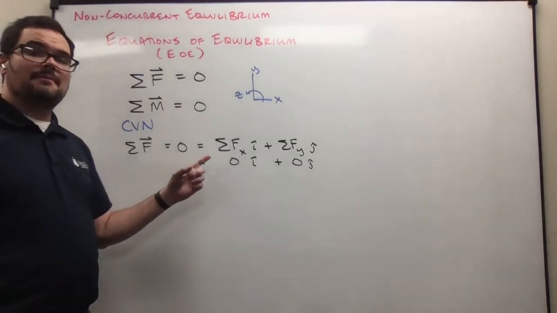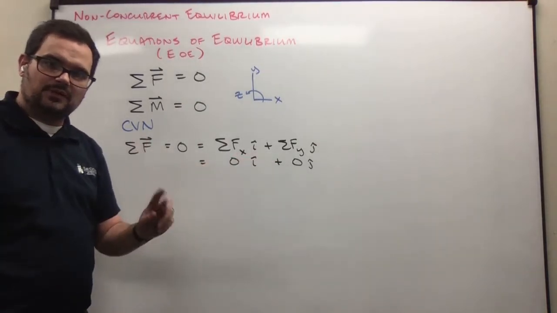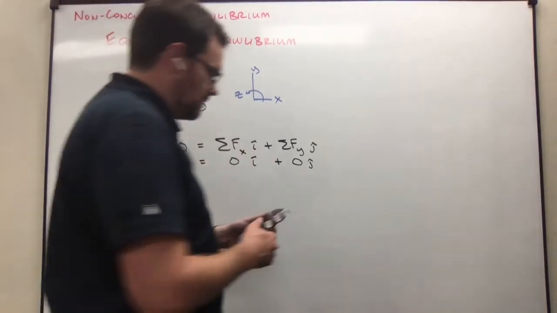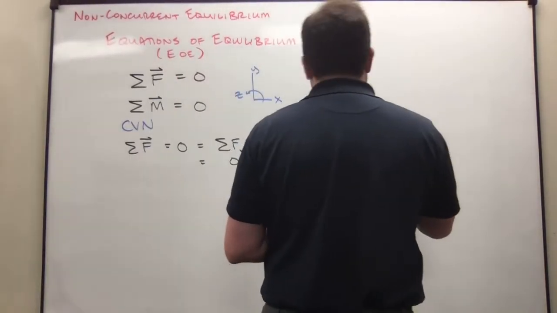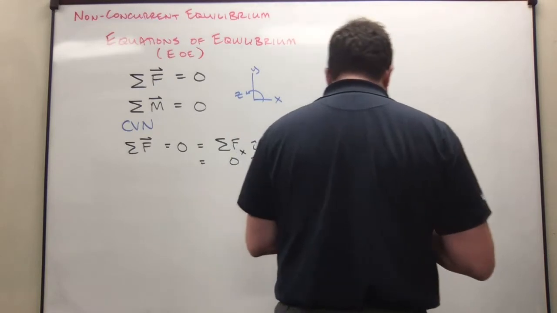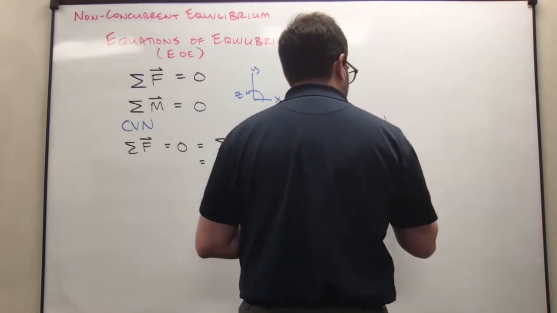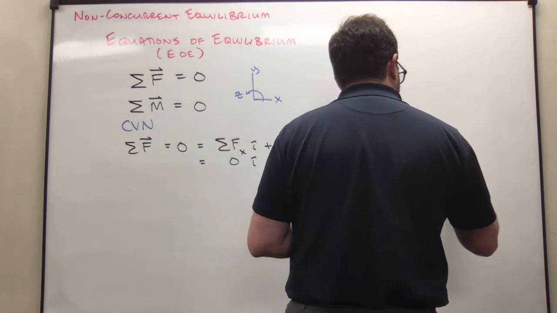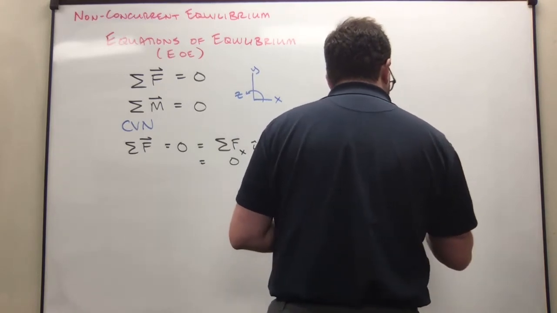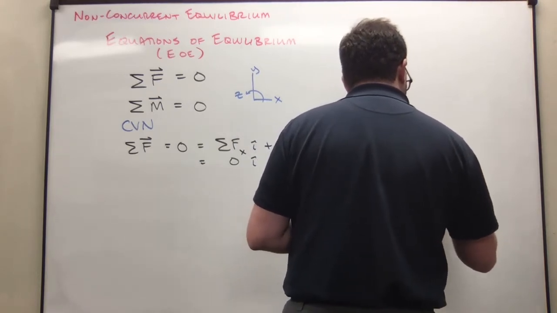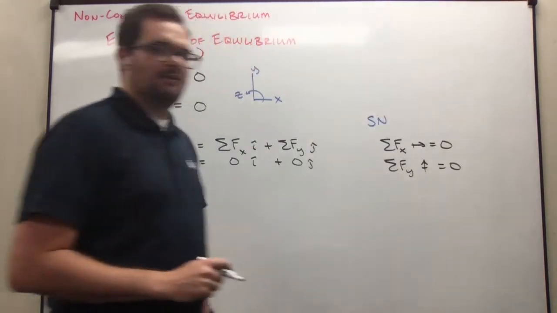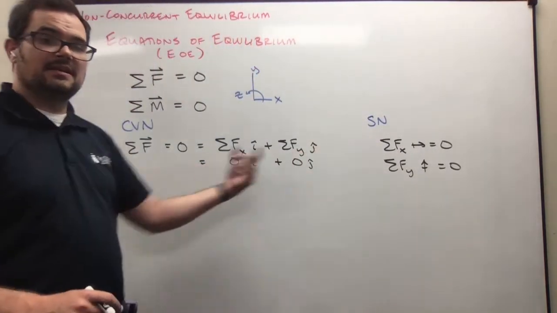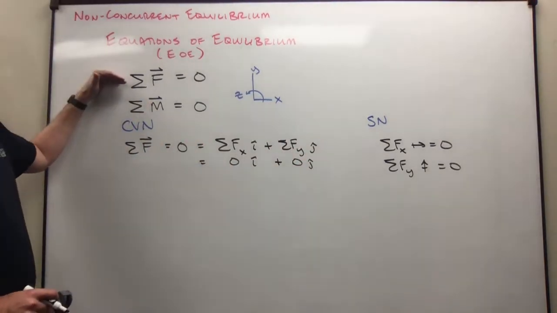And we'll have to remember, though, that these are actually two equations. It looks like one line, but it's two equations because these two terms are orthogonal from one another. Therefore, we could also express this in scalar notation. We would say the sum of the forces in the X direction with an arrow is equal to 0, and the sum of the forces in the Y direction, again indicated with an arrow, is 0, and we get two equations. So this captures the idea that there's no translation.